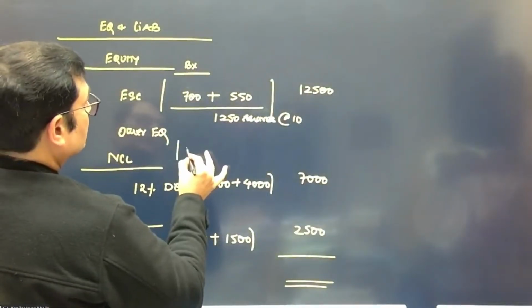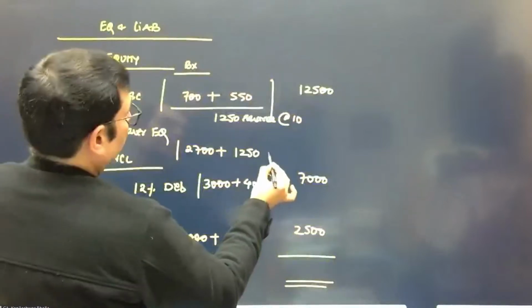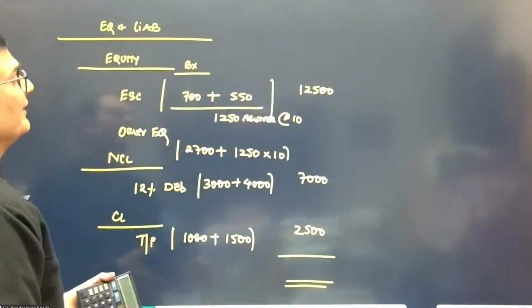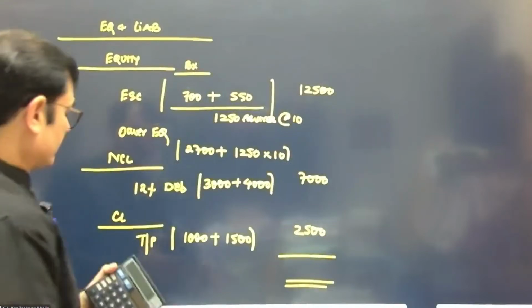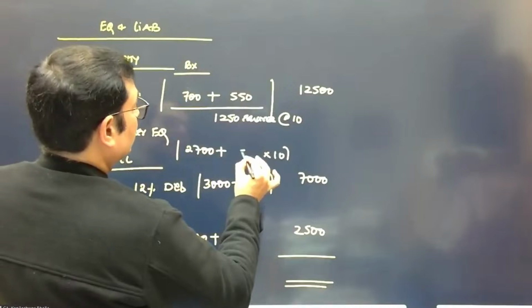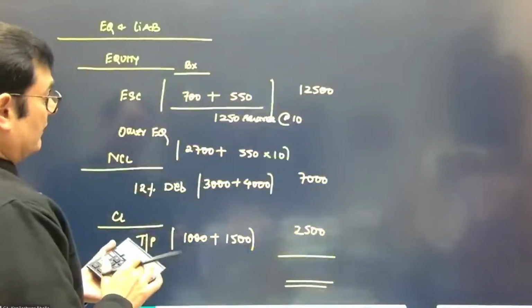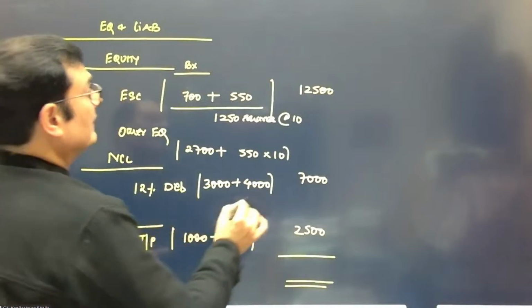And the rest would be premium. So existing was 2,700. Yes, sir. And there is going to be a premium at the rate of 10 rupees per share. My error. So premium will be 550 into 10. Yes, sorry, not all the shares. 550 shares into 10. You're right. So this will be 2,700 plus 5,500, I think 8,200.